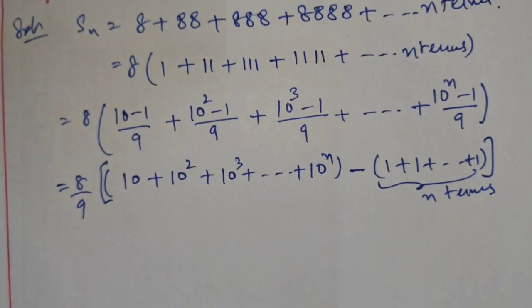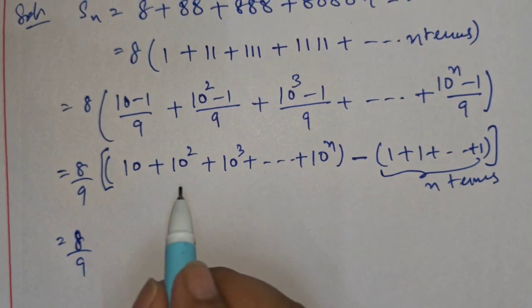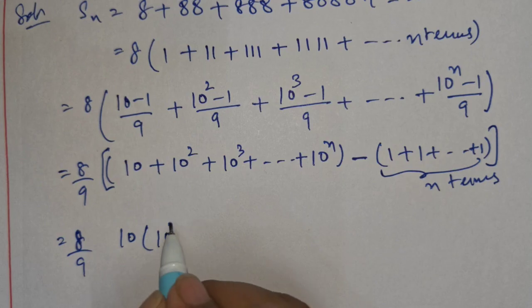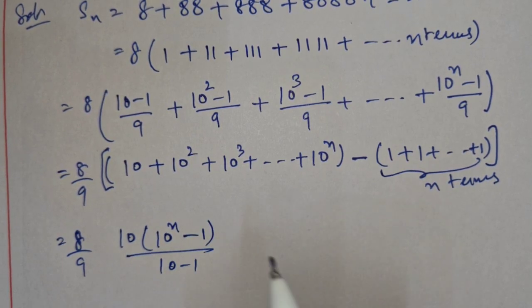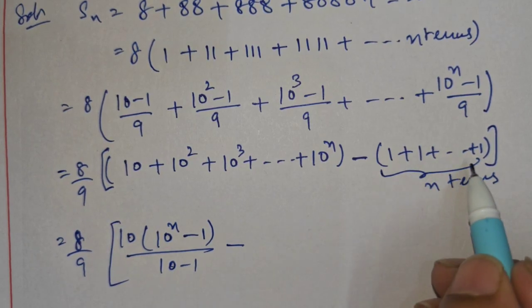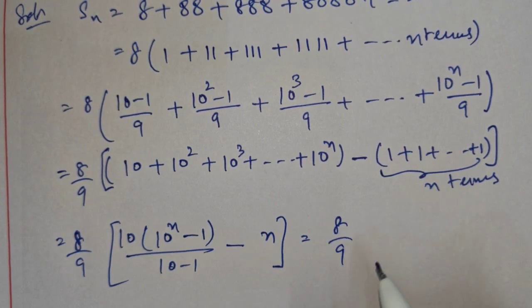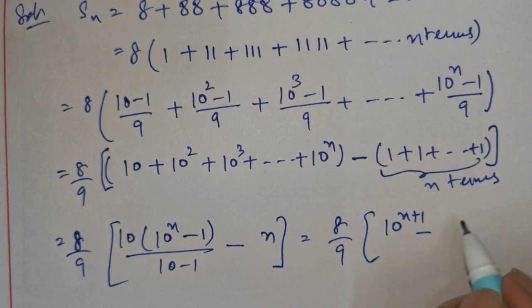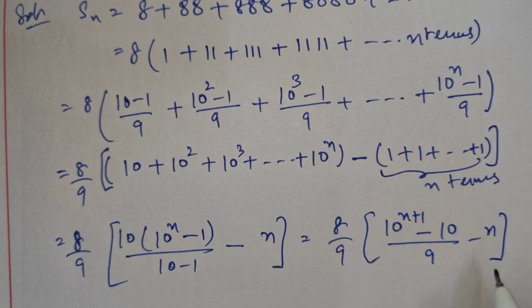So this is further equal to 8 upon 9. Here we will apply the formula for the sum of n terms, a into r raised to power n minus 1 upon r minus 1. Here 1 we are adding up to n times, so this is equal to minus n. Now this is further equal to 8 upon 9 inside we have 10 raised to power n plus 1 minus 10 upon 9 minus n.